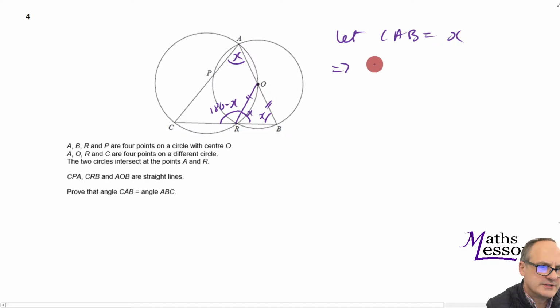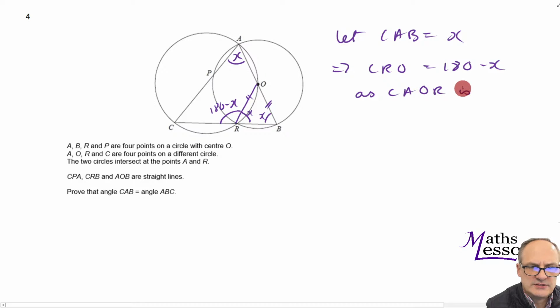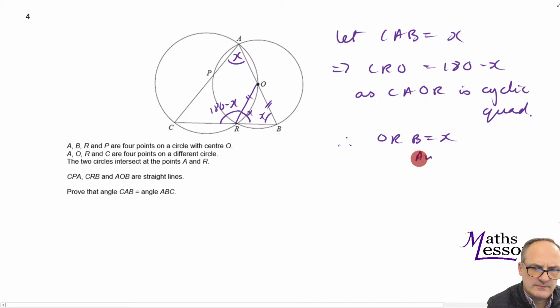This implies that CRO is equal to 180 minus X, as CAOR is a cyclic quad. I'm just going to write quad there for shortness. Therefore, ORB is equal to X, angles on a straight line add up to 180.